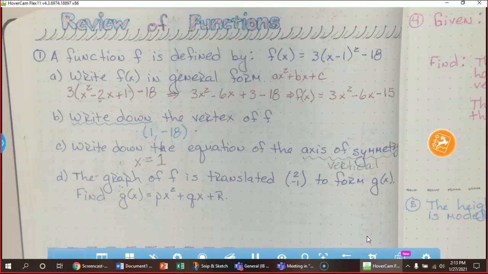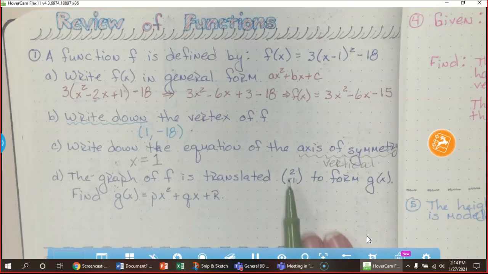Now it says, hey, the graph of f is translated by (2, -1) to form the function g of x. Yeah, this is beautiful IB wording that tries to trip us up and get us all confuzzled. Okay, so it says the graph of f is translated by (2, -1).